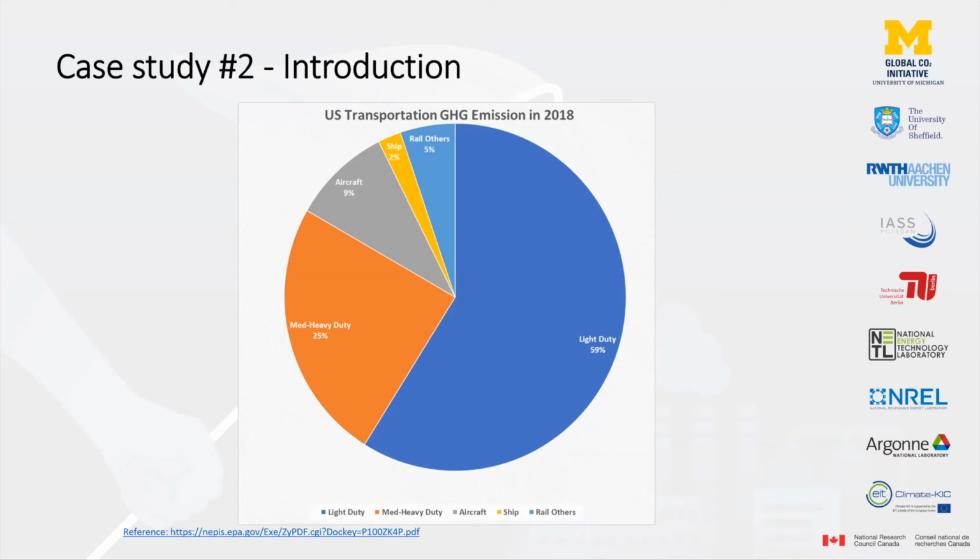This pie chart illustrates contributions from light duty vehicles, medium and heavy duty vehicles, aircraft, ships, and other sources in the transportation sector. So reducing transportation-related greenhouse gas emissions through decarbonization is the primary problem in the race against climate change. To contribute meaningful effort on this, we selected, as our second case study, a conversion strategy using CO2 as the feedstock to produce jet fuel. So next slide, please.